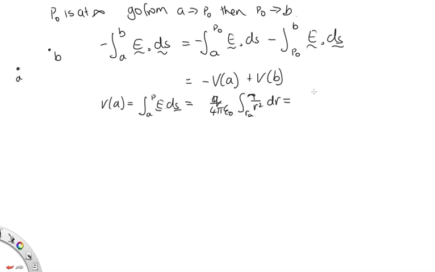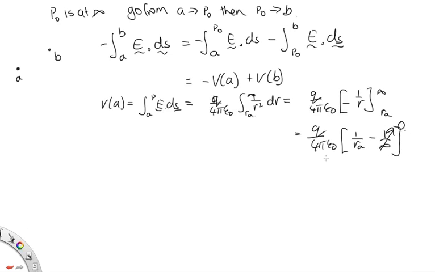So this is equal to Q over 4 pi epsilon naught, minus 1 on R from infinity to RA. So this is Q over 4 pi epsilon naught, 1 on RA minus 1 on infinity, and this is clearly 0. So this is equal to Q over 4 pi epsilon naught RA.